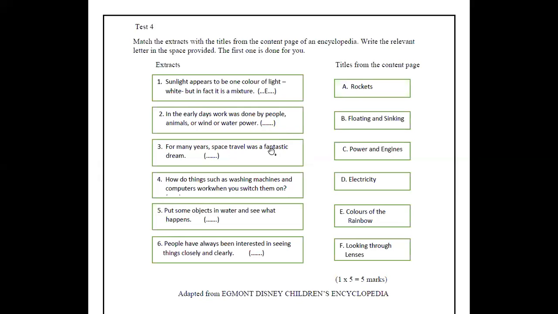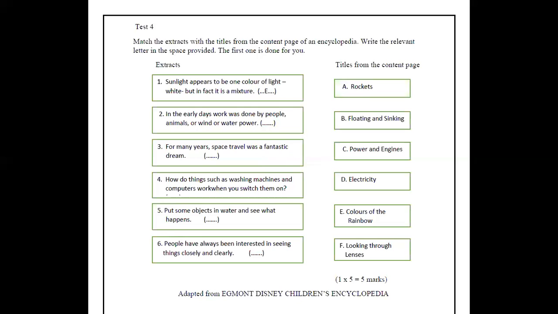The fourth one is: how do things such as washing machines and computers work when you switch them on? How actually do washing machines and computers work when we are switching them on? Yes, definitely they have to have the power and engines. If those are not there, those machines are not going to work.